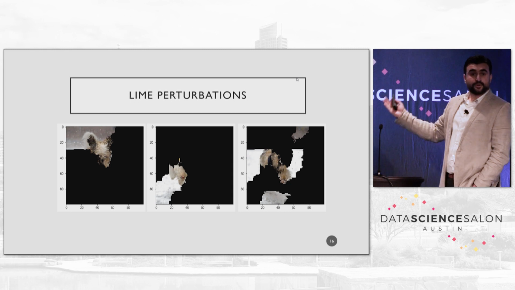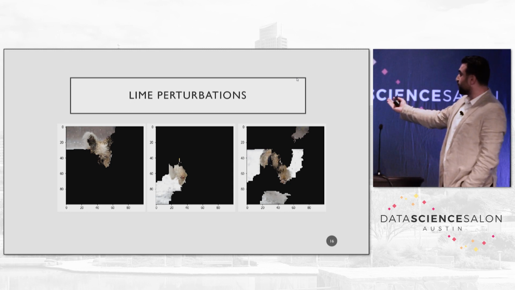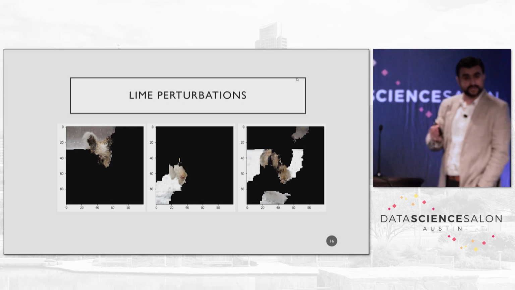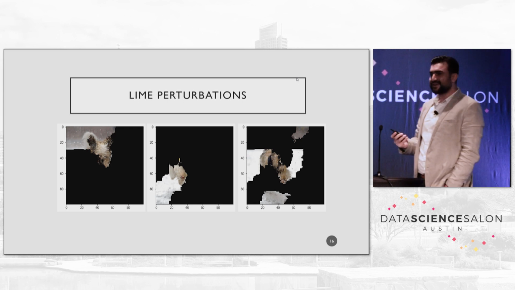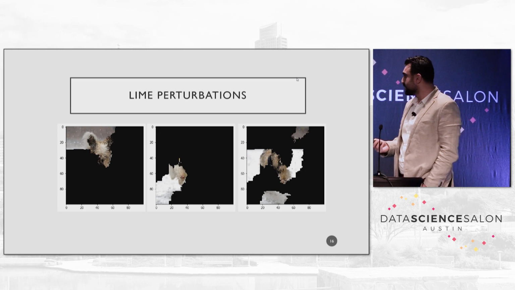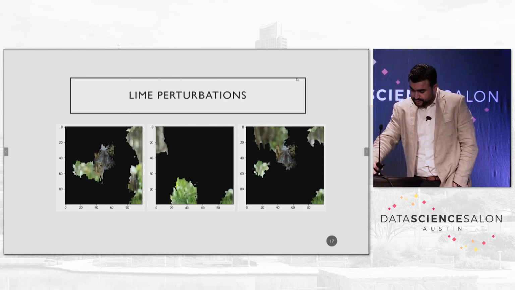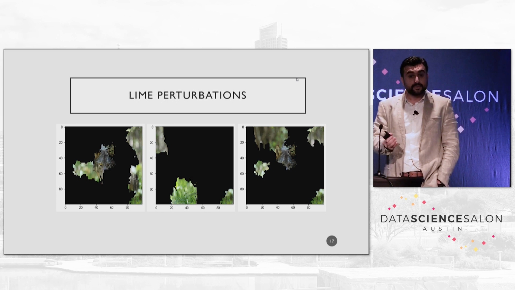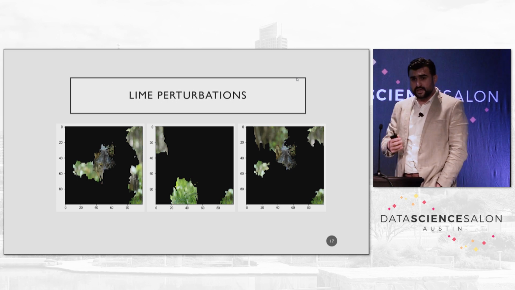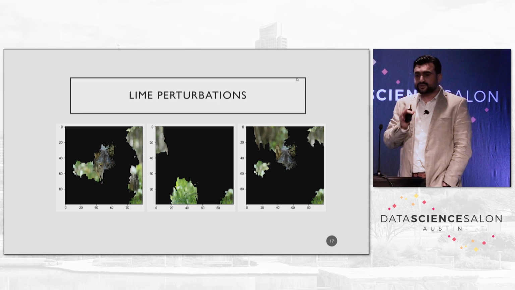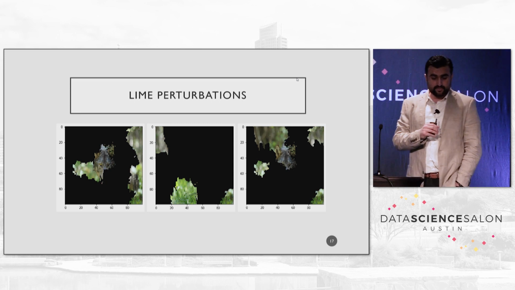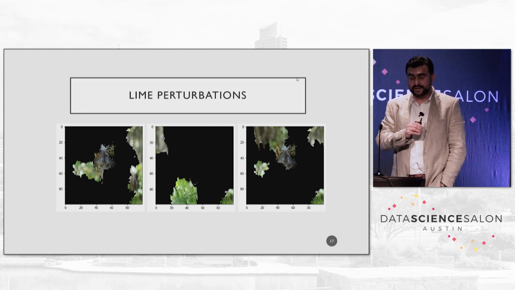So we've perturbed the dog image as follows. These are just three sample random perturbations of the dog image, and I believe I have 100 of these. And when it comes to the wolf image, these are just three sample perturbations. So basically we'll run this through an algorithm that's going to include some weighted linear models, and that's where the magic happens.